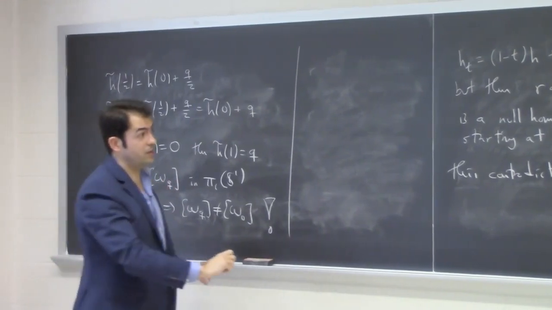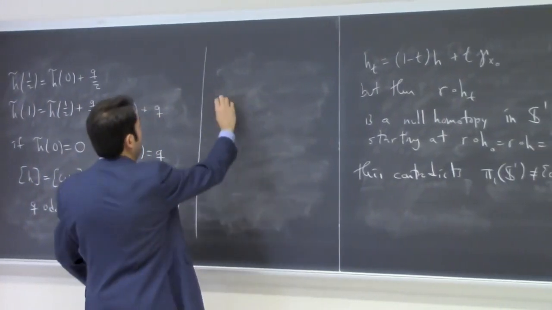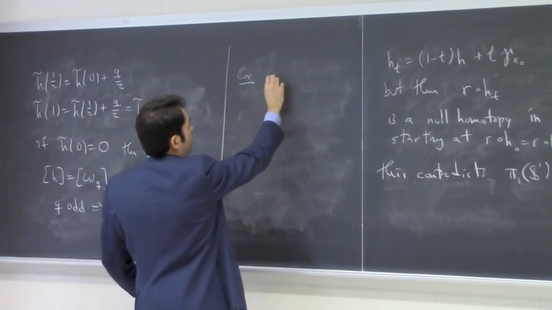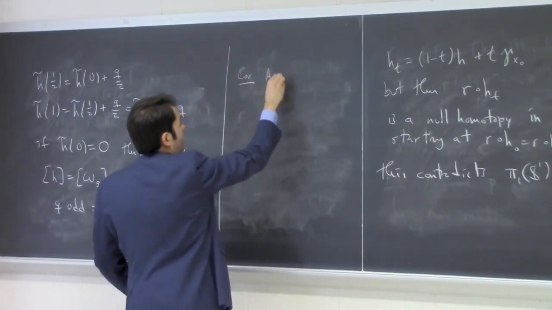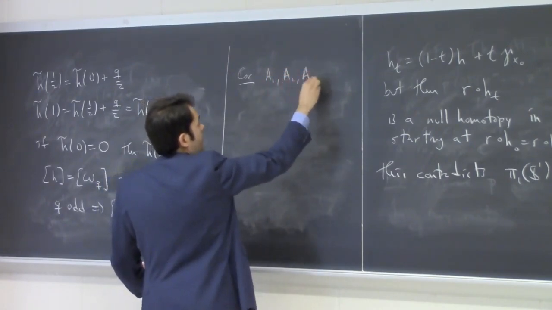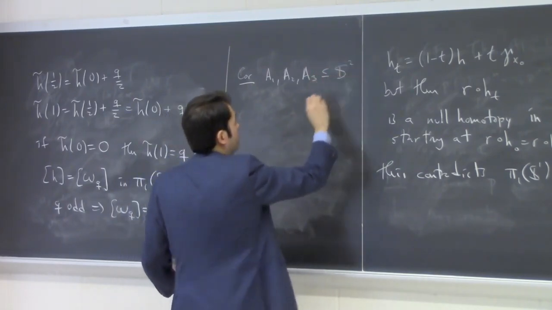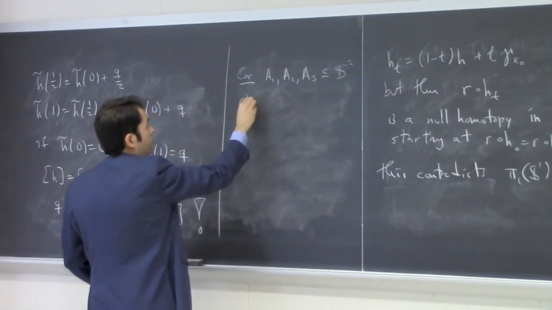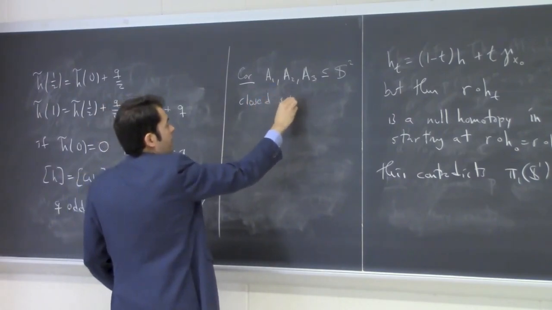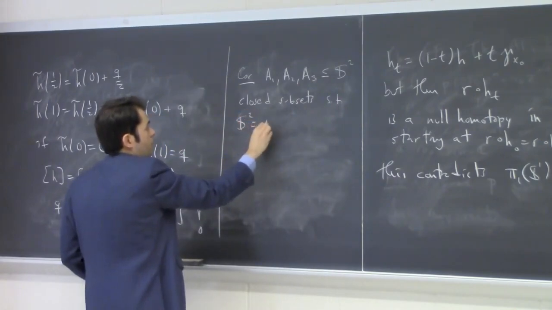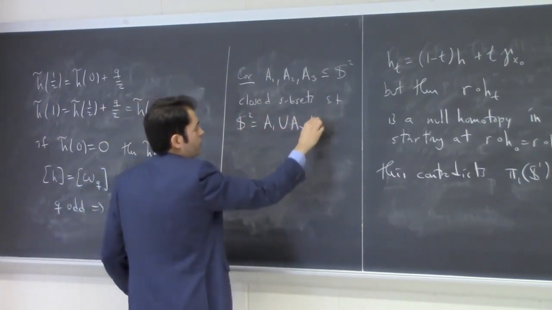Okay, here's an easy consequence of Borsuk-Ulam. So let's say that you take A1, A2, A3 inside the sphere, and these are closed subsets such that the sphere is equal to A1 union A2 union A3.